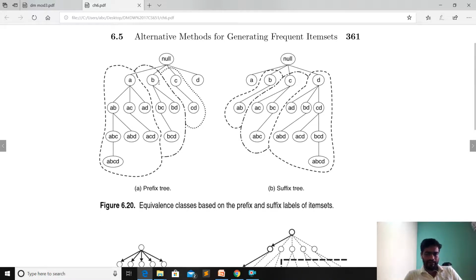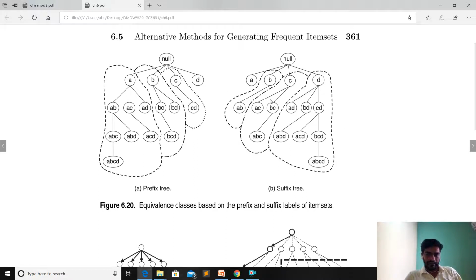Then the item sets b, bc, bd, bcd all start with b, so they are in another group, and those starting with c are in another group. For d, there is no item set other than d, so d is alone. This is the prefix tree.